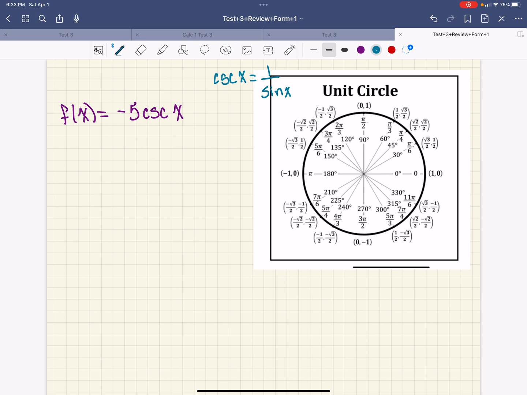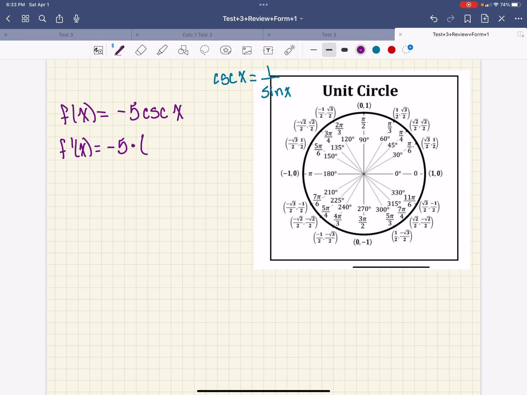Now, we're going to find our derivative f prime. You don't have to have your trig derivatives memorized, but you are going to have to be able to pull them in. So I'm going to have my -5 times the derivative of cosecant of x. You will have to be able to use it based on the list that you're given.